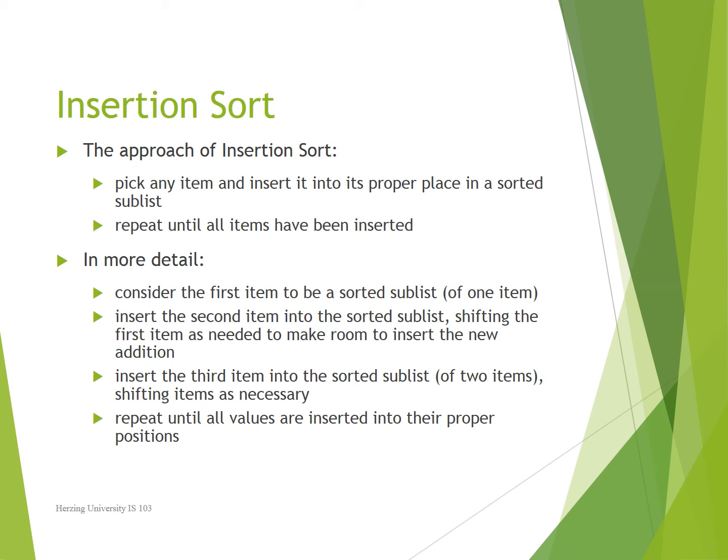Insert the second item into the sorted sublist, shifting the first item as needed to make room to insert the new addition. Insert the third item into the sorted sublist, shifting items as necessary. Again, repeat until all values are inserted into their proper positions.